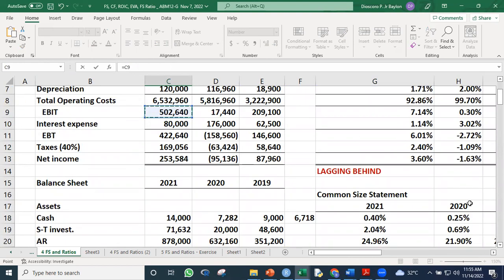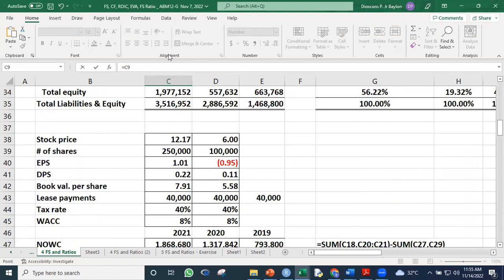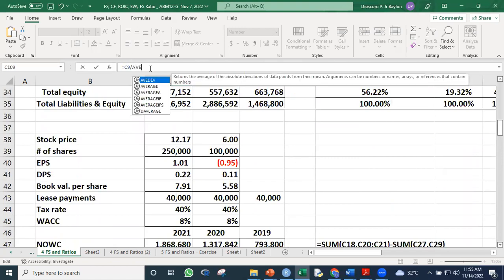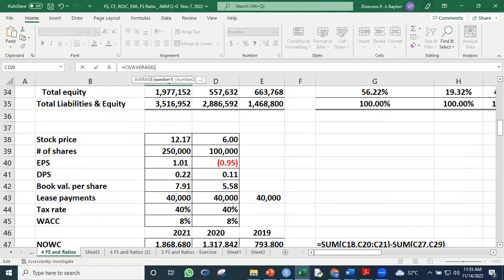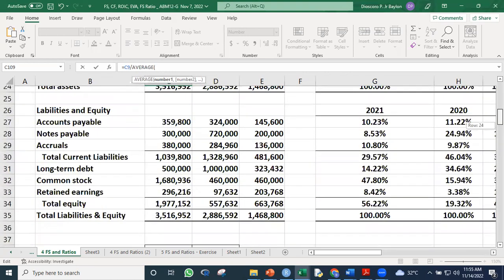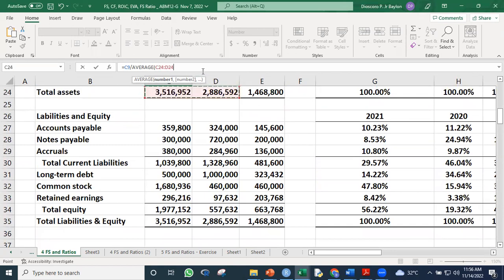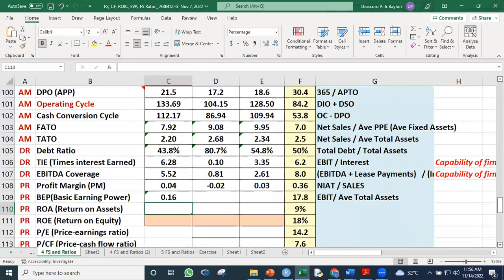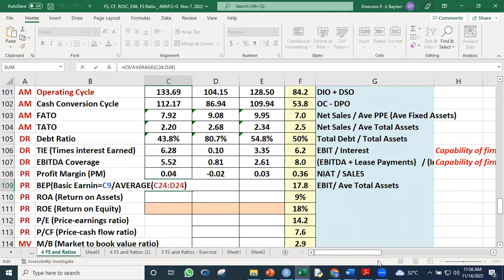Remember, another name for this is operating profit or operating margin, divided by the average of our total assets. Okay, EBIT divided by our total assets.